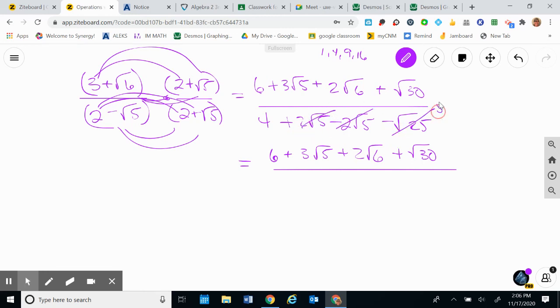Square root of 25 is 5, over negative 1. And that negative 1 would literally just change all of these signs, because if we divide every single one of these by negative 1, this is what would happen, and that would be the answer. Well, sorry about that.